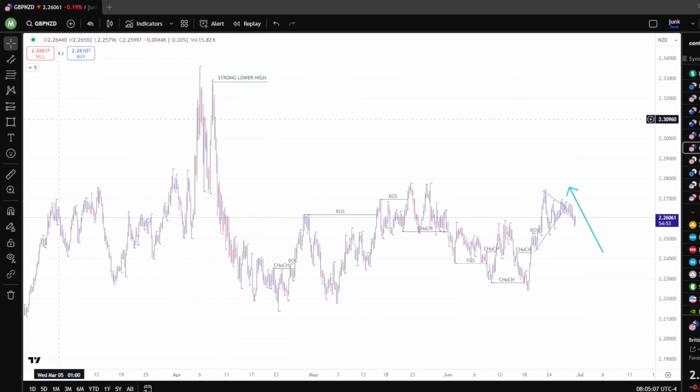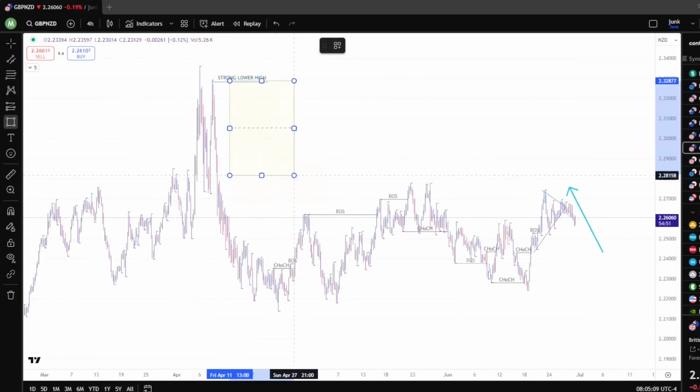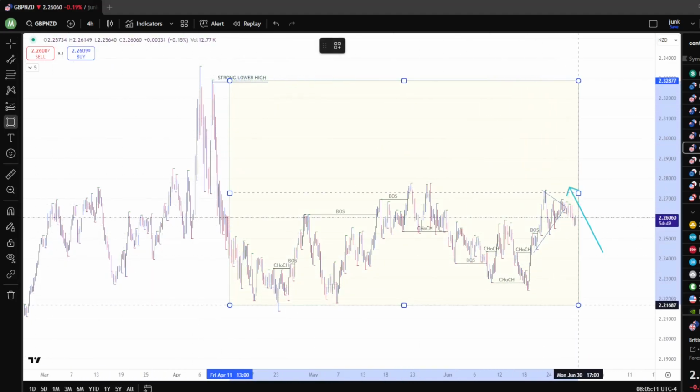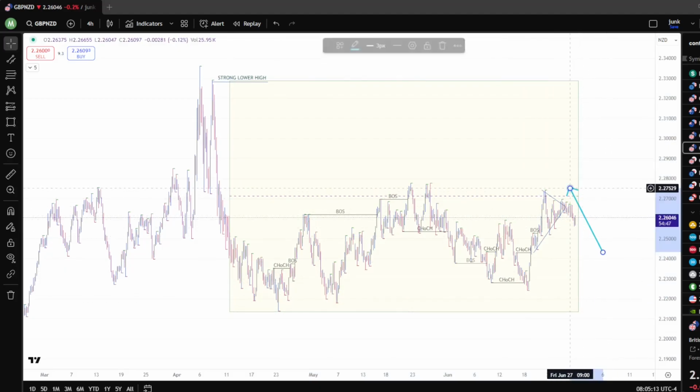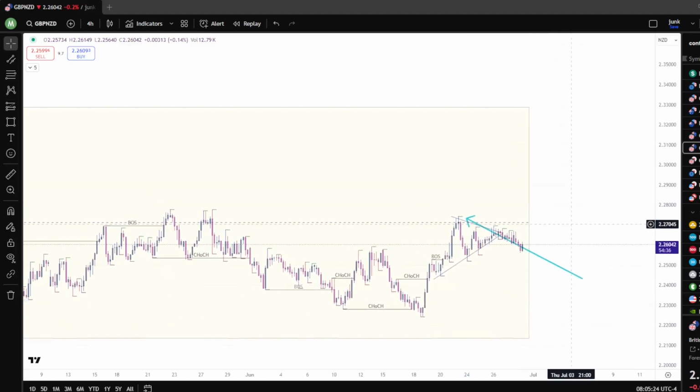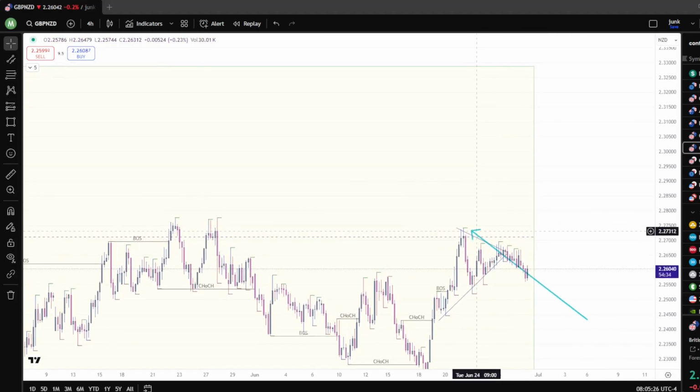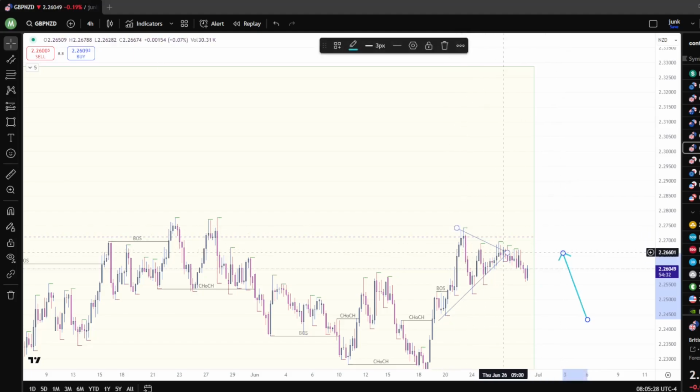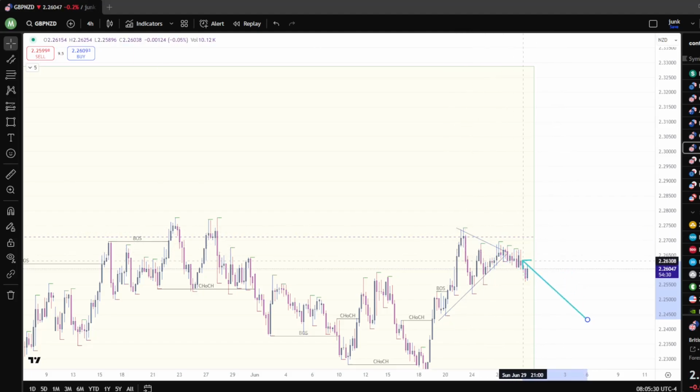Let's go and map out the current range. Tapped into premium, seller step back in, weren't able to take out the lows of the overall range. Buyer step back in, broke structure to the upside, tapped into premium once again, and price started to, like I was saying last week, started to consolidate sideways.